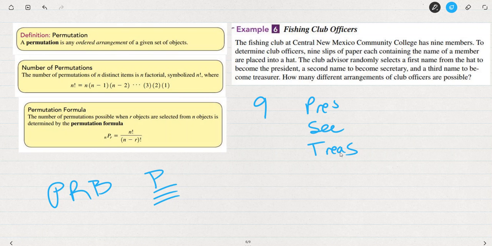So do you see that we could think of this as arranging those members? We've got a permutation. There's 9 club members to choose from. We're only going to choose 3 of them.